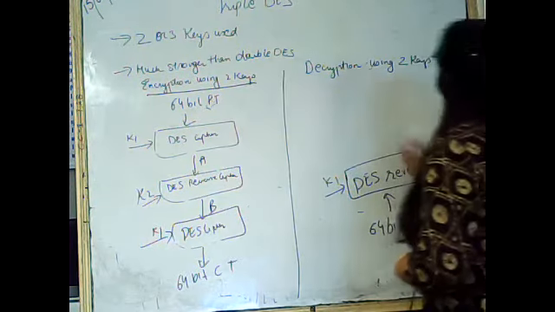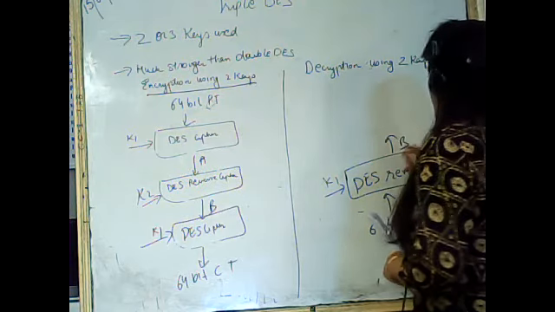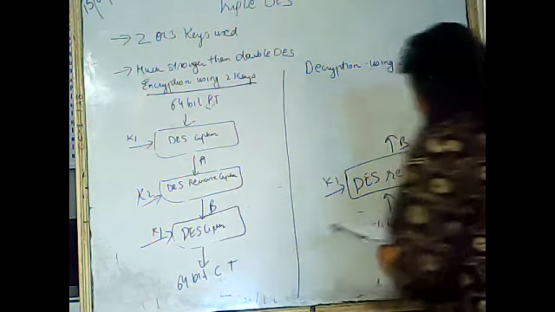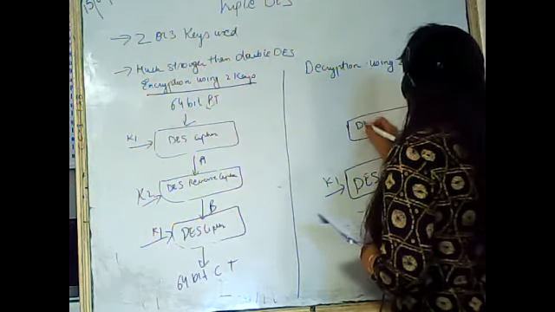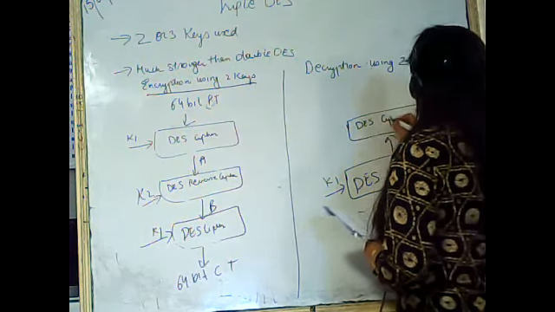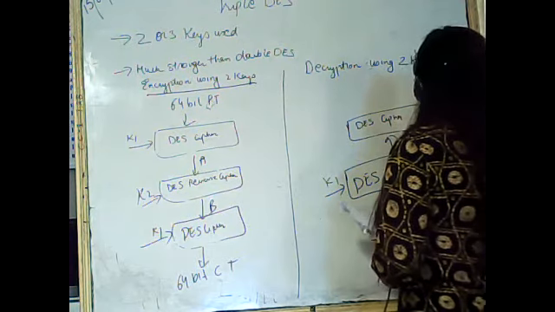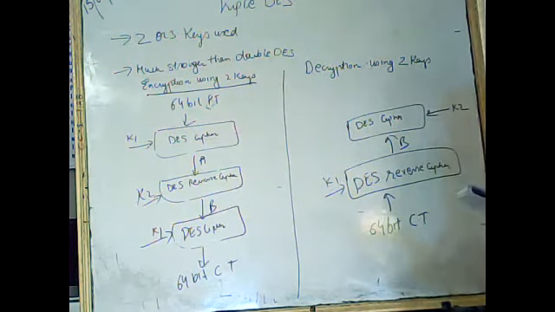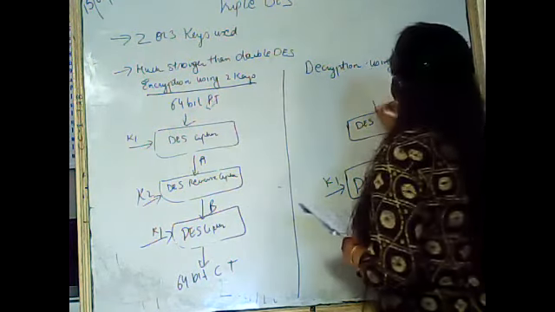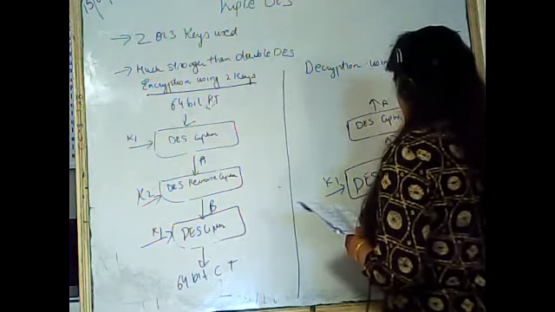So we will be getting the answer as B. Over here, again we will apply DES cipher by using the key 2. And again we will be getting the answer A.